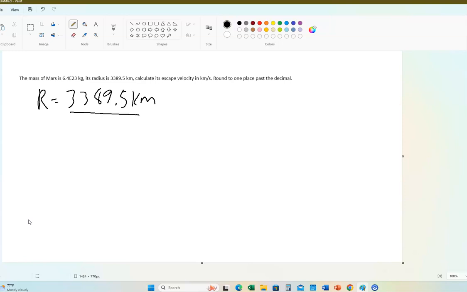And then if you were asked, okay, what is this escape velocity, say in a different problem, from the top of Olympus Mons, which is the way you're supposed to say it? Just keep in mind, this is the radius, and then Olympus Mons goes up. It's kind of like a volcano-looking thing.